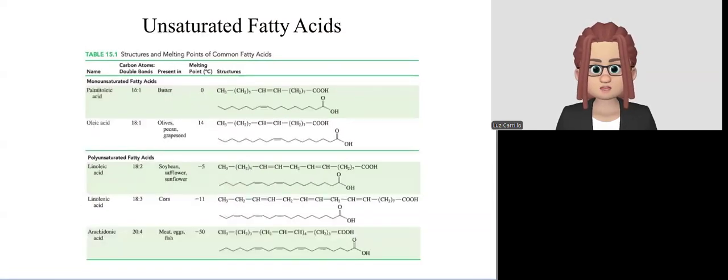The other half of the table, we can see illustrated here, which represents the monounsaturated fatty acids, and we can observe that they have one double bond. And for the polyunsaturated fatty acids, we have more than one double bond, and we can see here that some fatty acids have two, some have three, some have more than three.